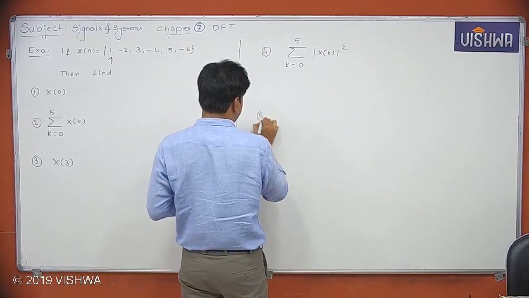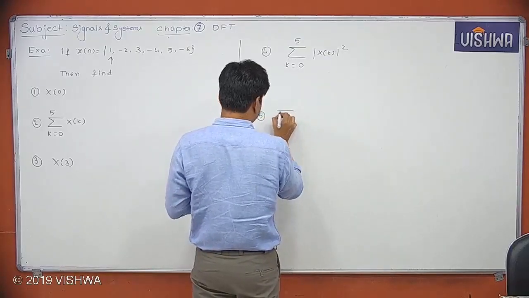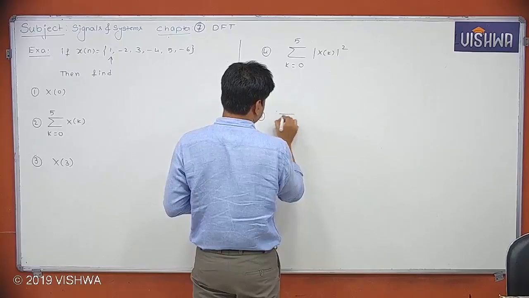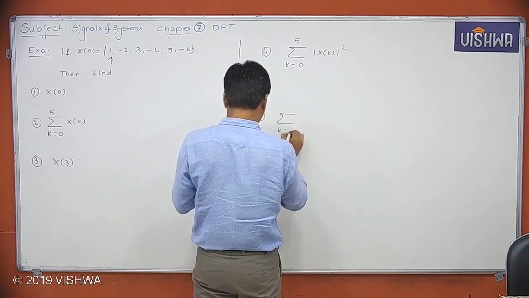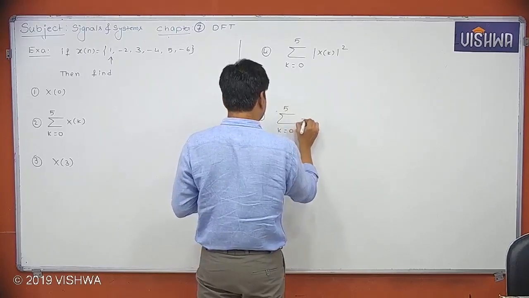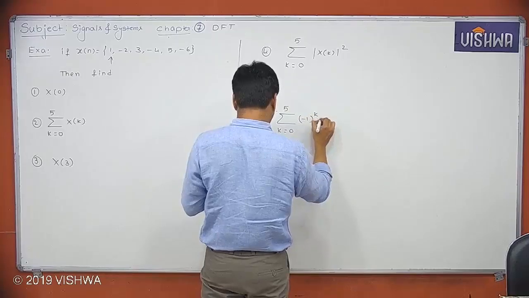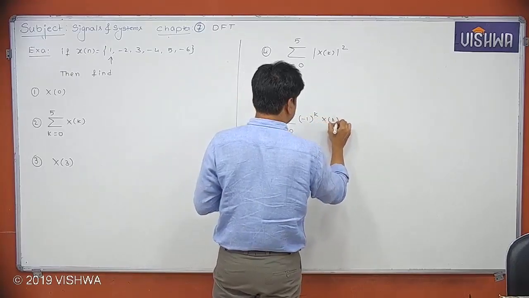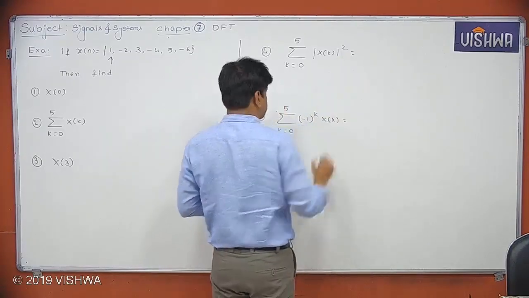The last question, summation k equal to 0 to 5 of minus 1 whole power k X of k. These values we have to calculate.